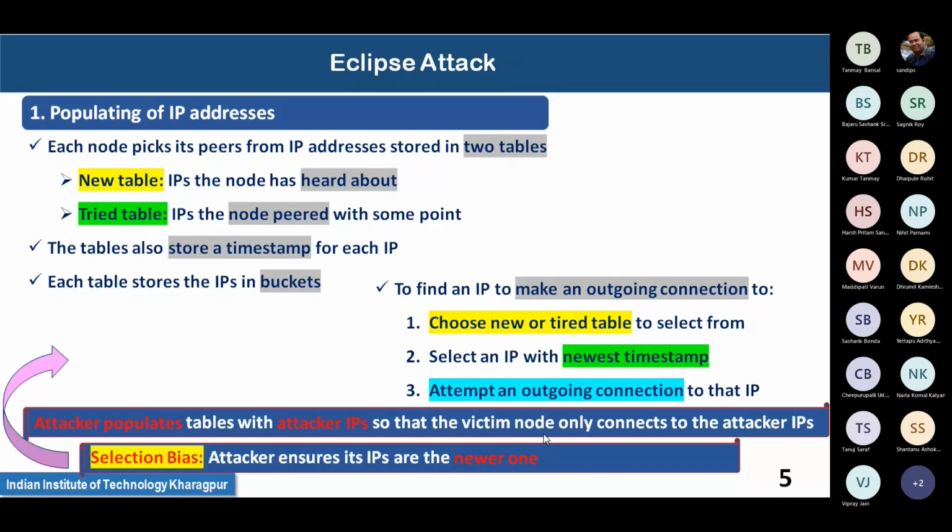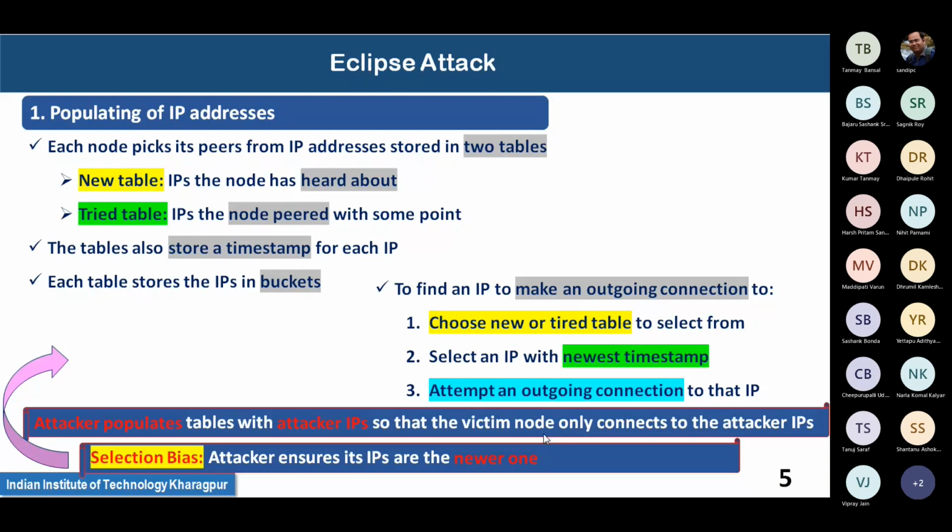And also, what is important is that slowly these tables get built, and the attacker may not be able to do it in one go. So it has to keep refreshing those IP addresses, so that the attacker's IP addresses always have newer timestamps as compared to the IPs of the honest nodes.